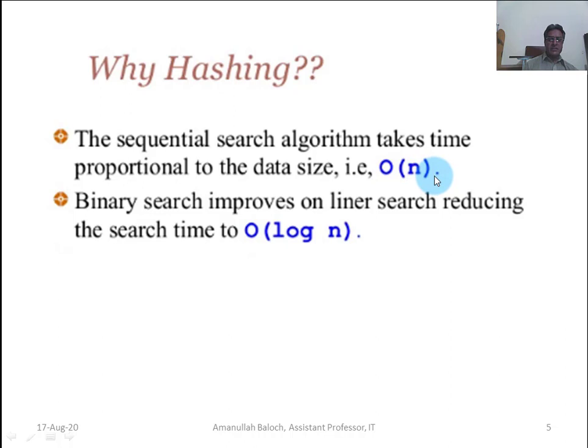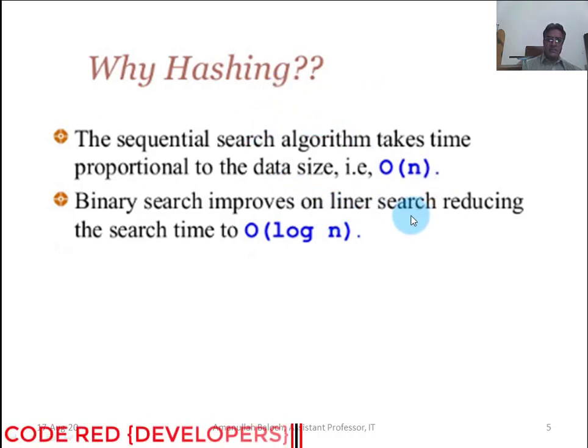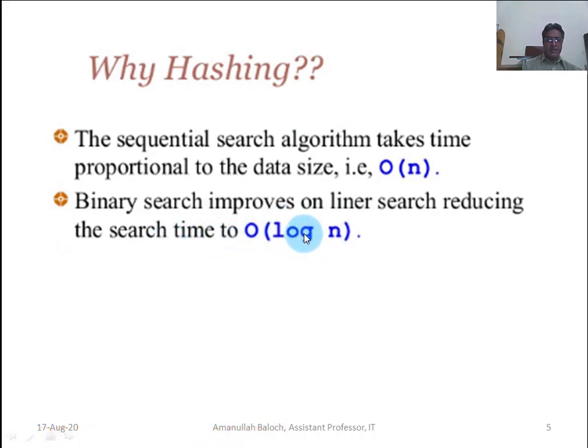If you want to search an element from an array sequentially, it will take O(n) time. Binary search improves on the sequential or linear search, reducing the search time to O(log n). This is smaller time than n.